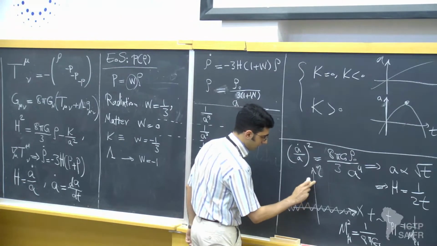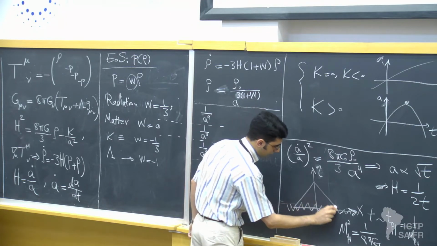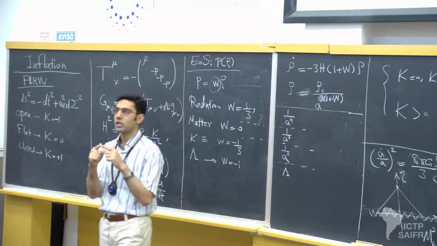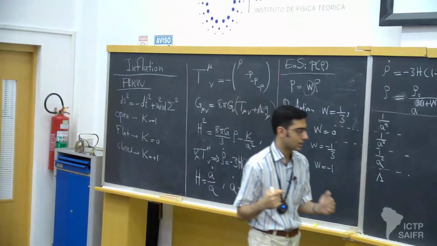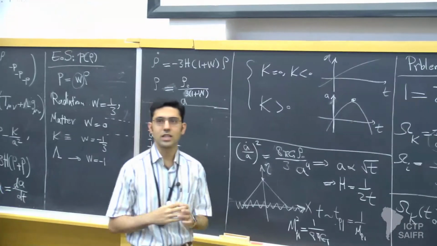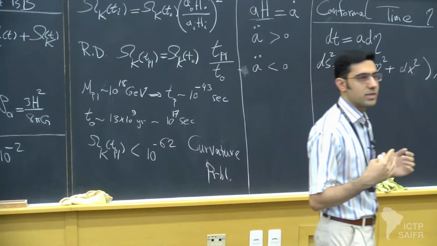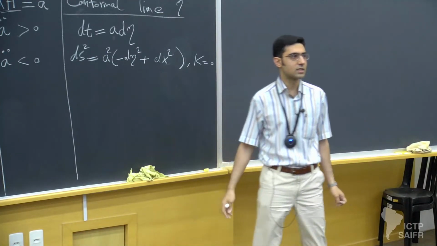So in this plot, I can draw 45-degree lines, and they determine the propagation of light or null signals. Therefore, for instance, I can talk about the past light cone of an observer who lives in this cosmology. So let us talk about that.